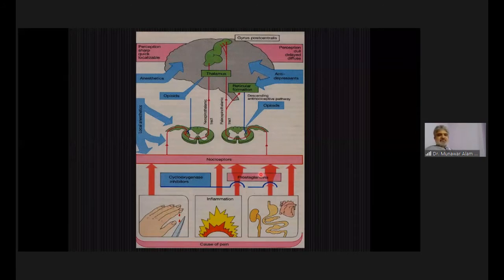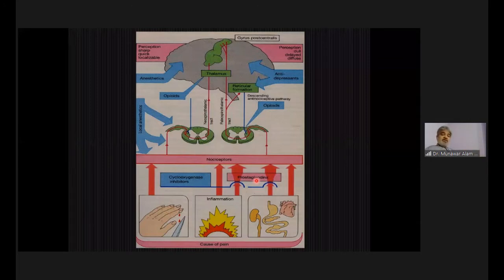Pain sensations are carried by a specialized type of receptors known as nociceptors. This is the stimulus for the inflammation. It causes increased availability of prostaglandins because of the activity of the cyclooxygenase enzyme over arachidonic acid.